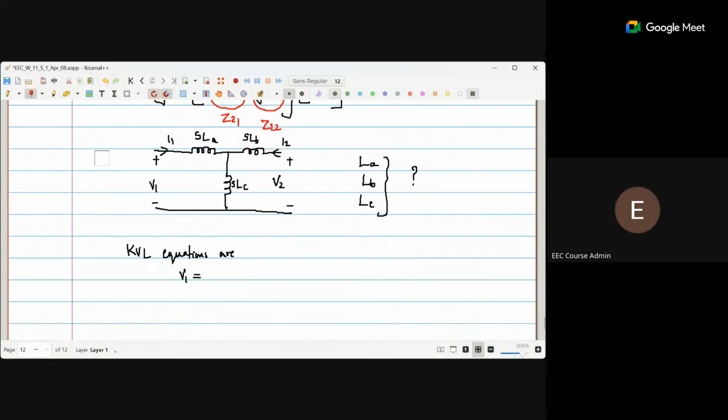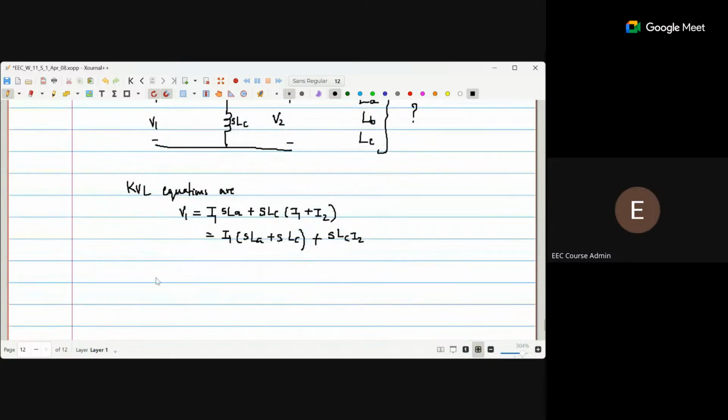And now tell me the equation. KVL: V1 is I1 into sLA plus sLC into I1 plus I2. So that will be I1 into sLA plus sLC, plus sLC I2.